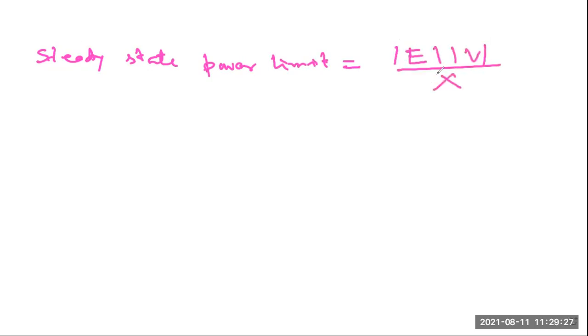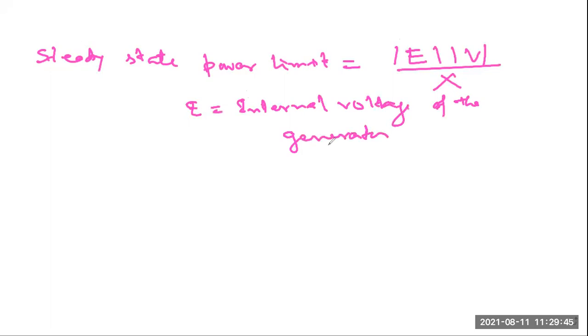Okay. What is E? E is the internal voltage of the generator. V is the terminal voltage at the generator terminal.